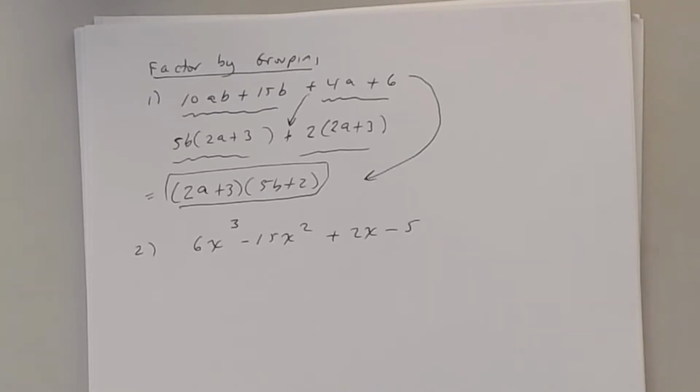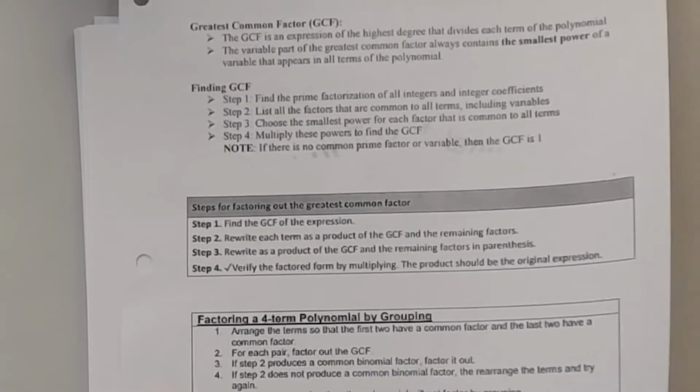Now don't make that one difficult. I think you'll be okay with the first. Remember, when grouping, you always try grouping the first 2 and the last 2 first. And for us, that's the way it's going to work out. It's not always like that though, because notice the steps. I just want to remind you of this.